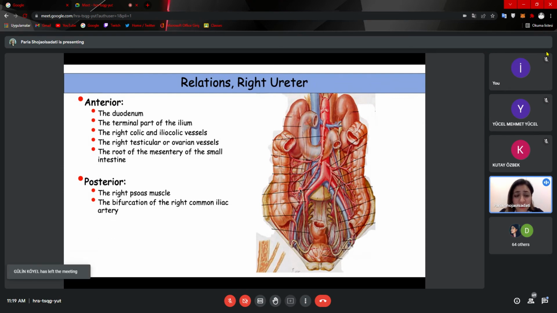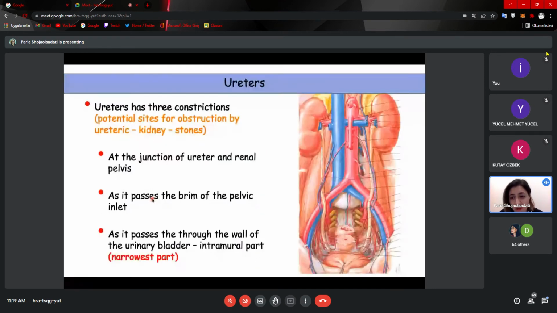Posteriorly, this organ is seated on the dorsal abdominal wall and has a near relation with the right psoas muscle. Let me show the right psoas muscle. This big muscle on the dorsal wall of the abdomen is named the psoas major muscle.